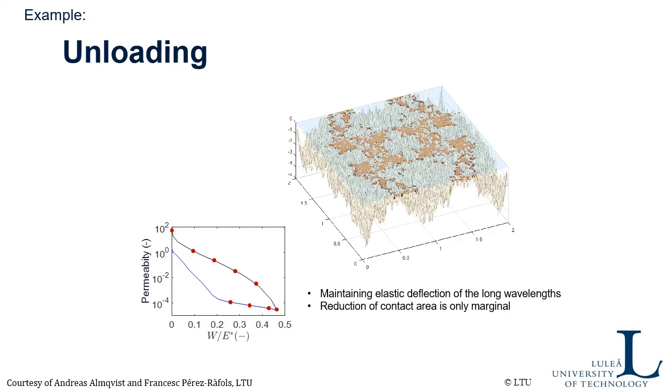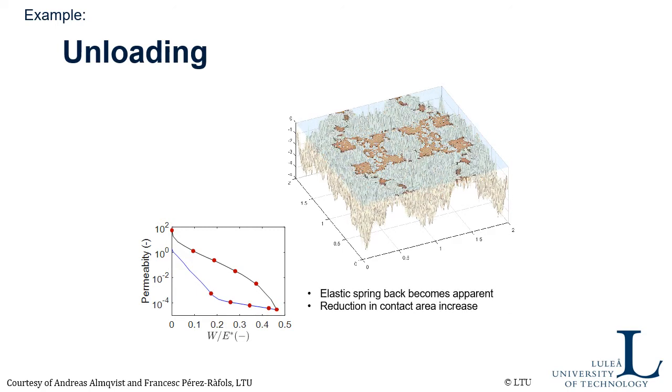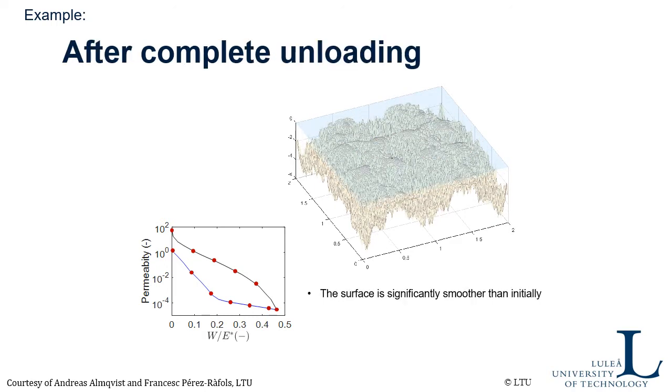And you can see here that you keep a relatively low permeability until you come to a certain point. Now you're back to zero load again, and you can see that the original surface is significantly smoother than it was before loading, and that's because of the plastic deformation of the asperities.